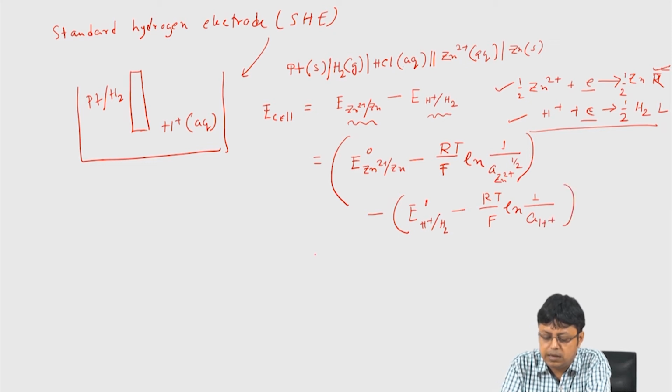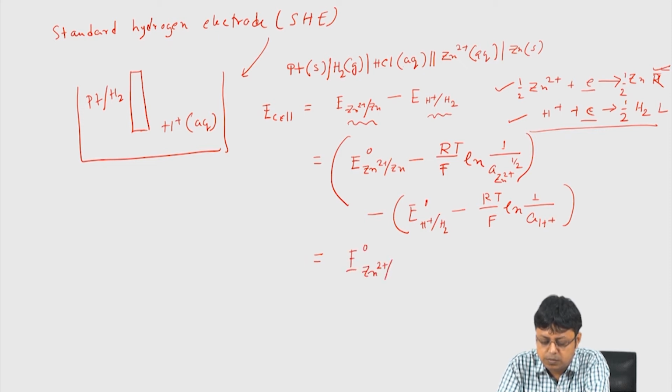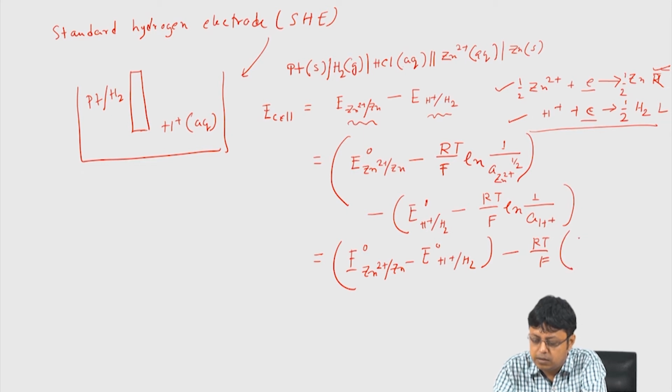So, that is the E right minus E left, and then if we collect the E 0 terms together, E 0 zinc 2 plus zinc minus E 0 H plus H 2, minus, we can take the minus common, R T by F, and then we will have A H plus because that goes up, divided by A zinc 2 plus.